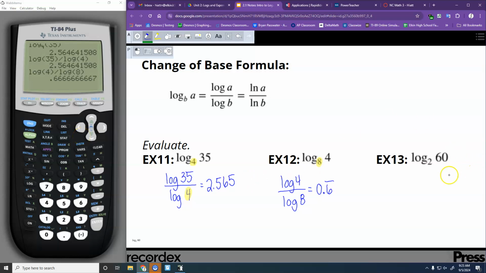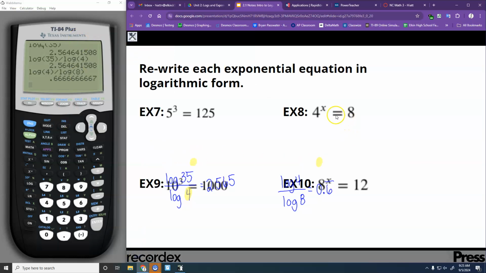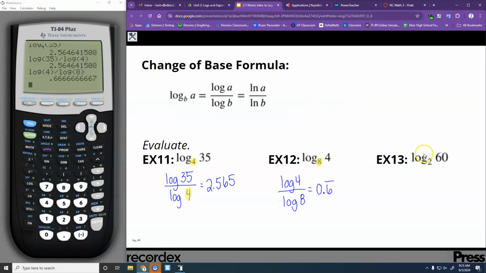This is like a step, just if it says evaluate and you just have a log without an equal sign anywhere. The other ones we looked at over here, they had equal signs, right? So we were rewriting those. On these, they'll just say evaluate and they'll just have expressions, right? So this is going to be different than what we were doing before.